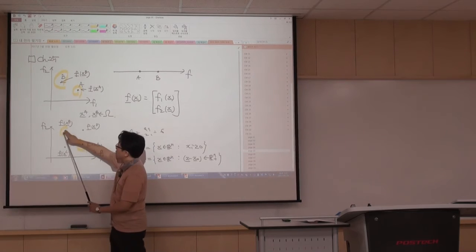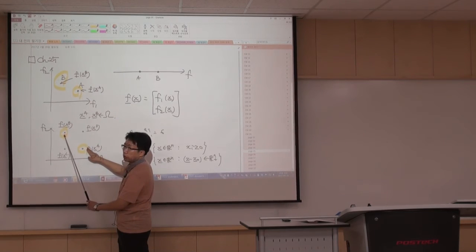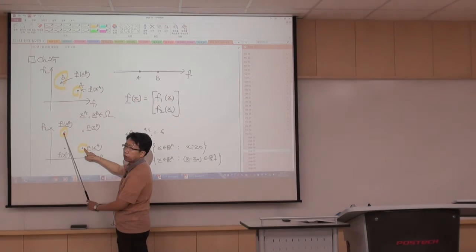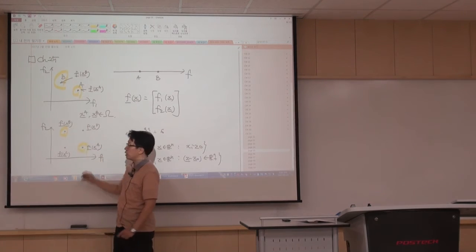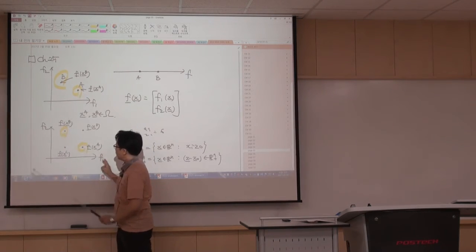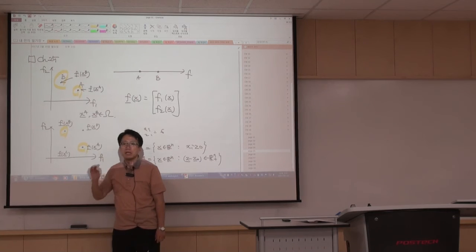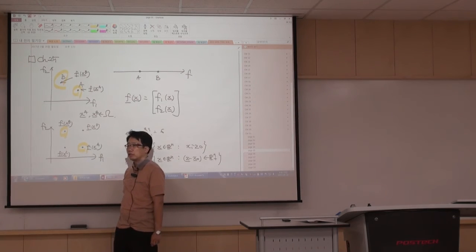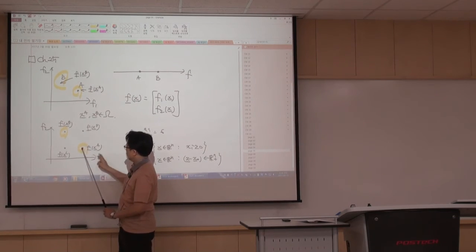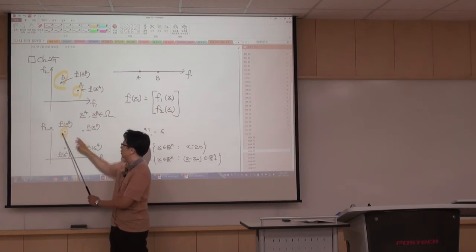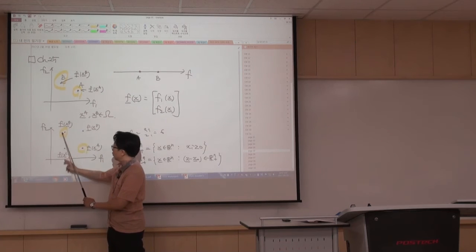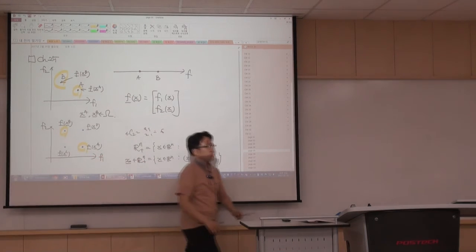However, when you compare these two, is this point dominated by that one? No. Is this point dominated by that one? No. Dominated means that every objective is not better. But here, this says better f2, but worse f1. This says, compared to that one, better f1, but worse f2. Got it?